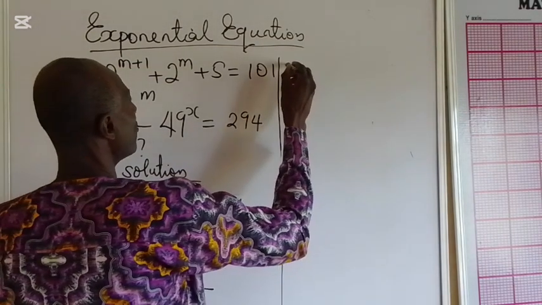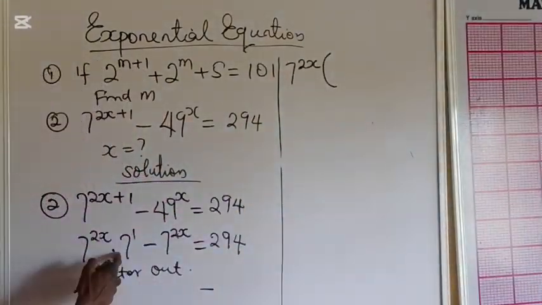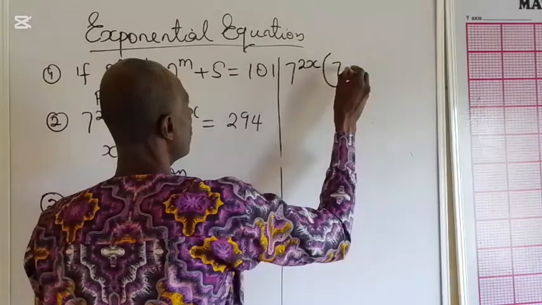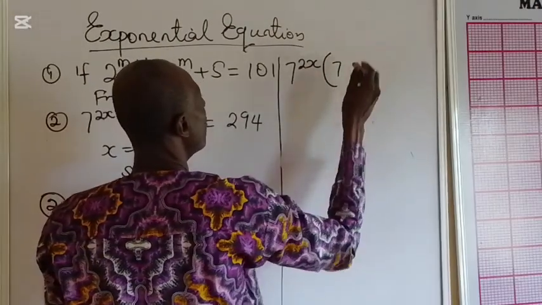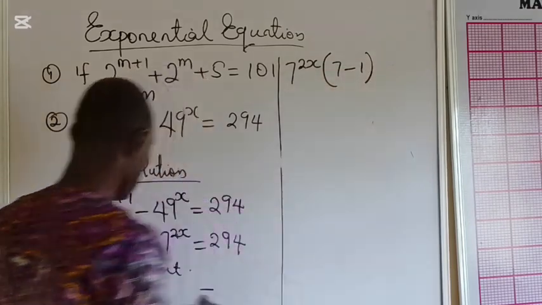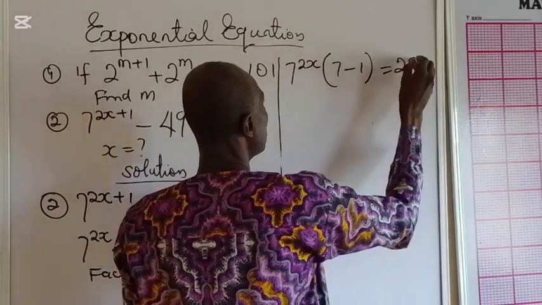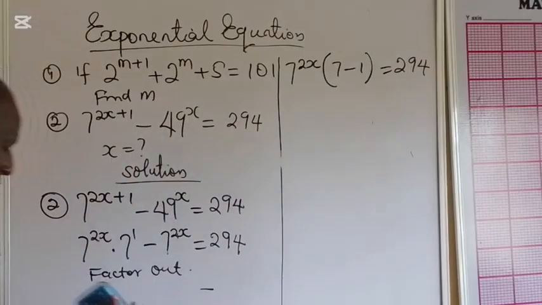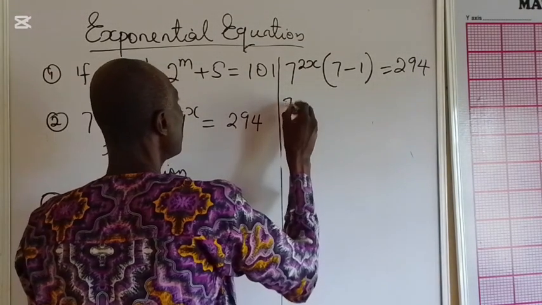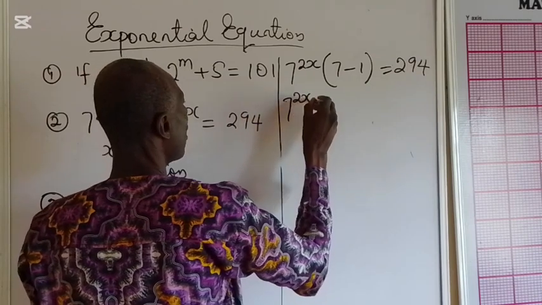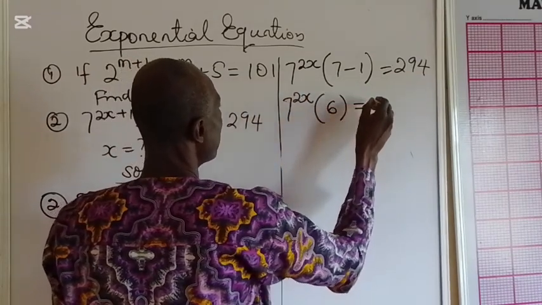So when I bring 7 raised to the power 2x out, I'm left with 7 raised to the power 1, that is 7, minus 1, is equal to 294. So here 7 raised to the power 2x, bracket 7 minus 1 gives us 6, is equal to 294.